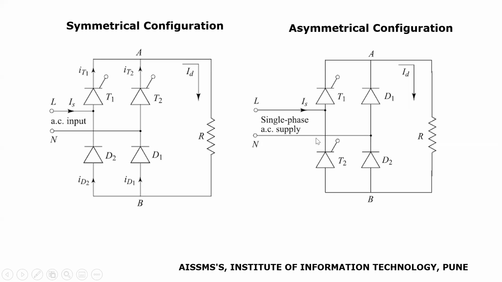If we see the construction of these two arms, then these are not symmetrical. Hence, it is called as asymmetrical semi-controlled converter. In today's session, we are studying working of symmetrical semi-controlled converter connected to R load.